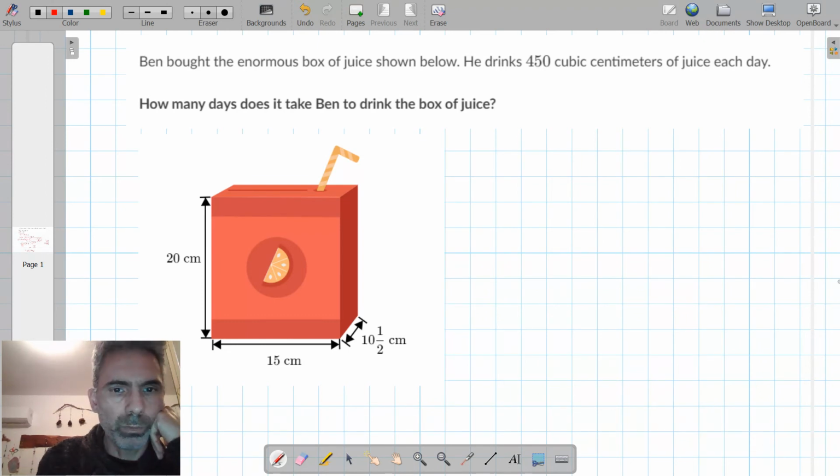So the volume of the box is the base times the height.